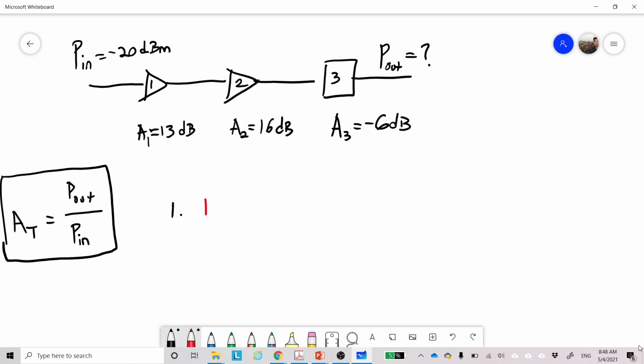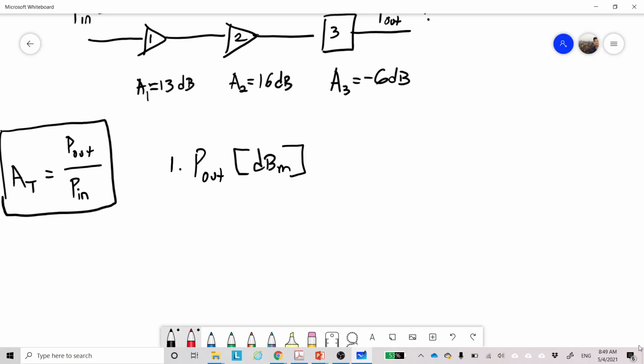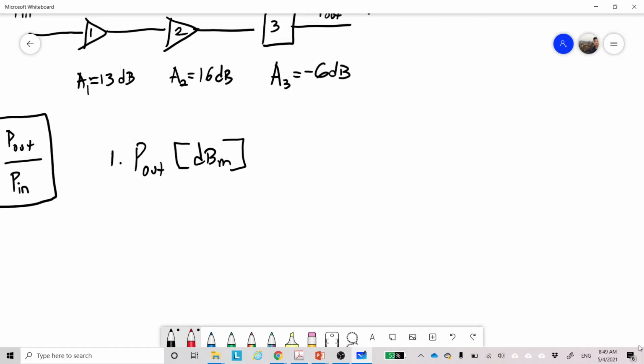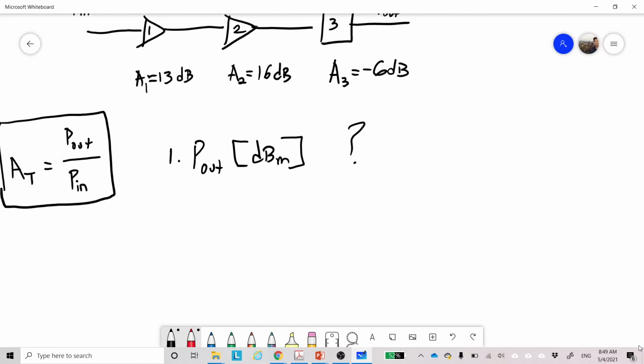So P out in terms of dBm. Again, you need to see that we need to calculate this. First of all, we need to calculate A total.